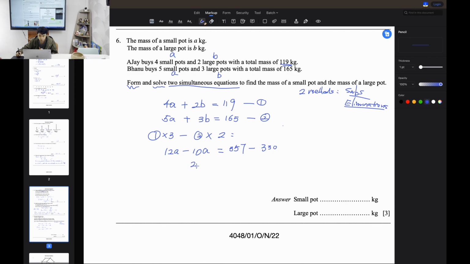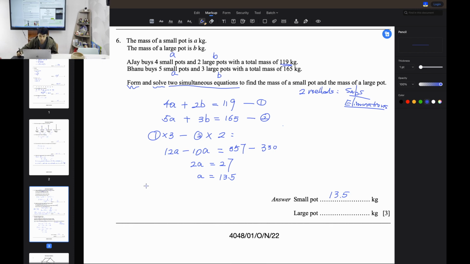So this gives us 2A equals 27, divided by 2 equals 13.5. A equals 13.5. So the small pot is 13.5 kg.